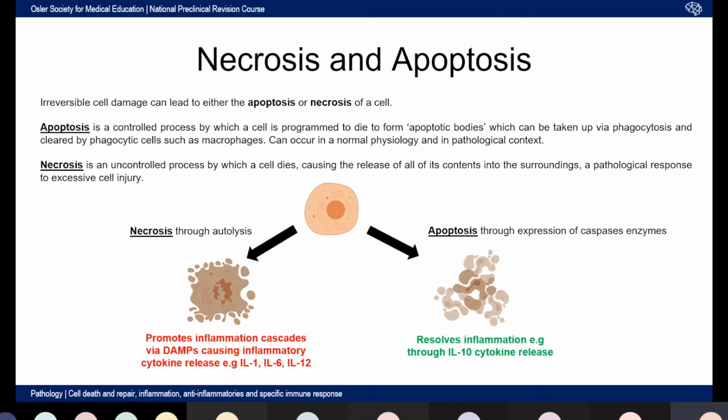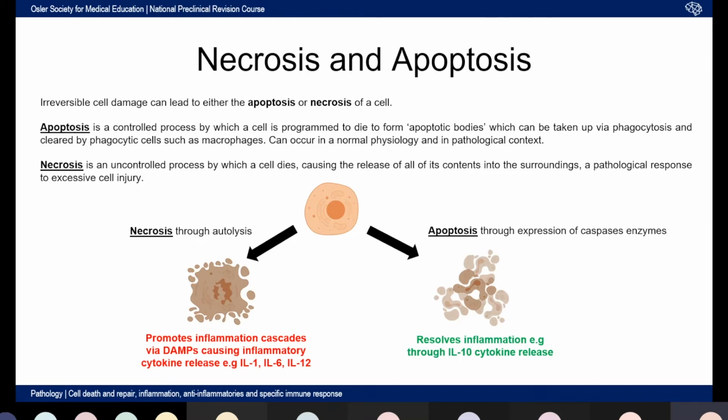So they are your caspase 2, caspase 8, caspase 9, and caspase 10. And then there's executioner caspases, which are your caspase 3, 6, and 7. So when you get damage, caspase 2, 8, 9, 10 get activated, and then that leads to the activation of 3, 6, and 7, and that causes apoptosis.